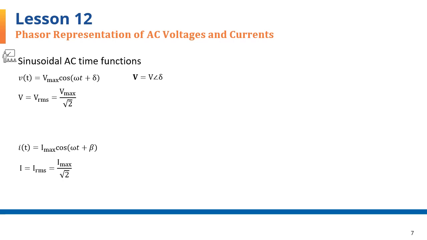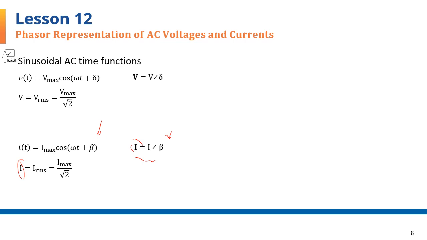Same argument, of course, goes for the current, with its phasor form shown in here. I in phasor form equals I as a quantity, effective value of the current, with an angle beta. I'll continue the lesson focusing on the voltage phasor, and the treatment of the current phasor follows a similar path.